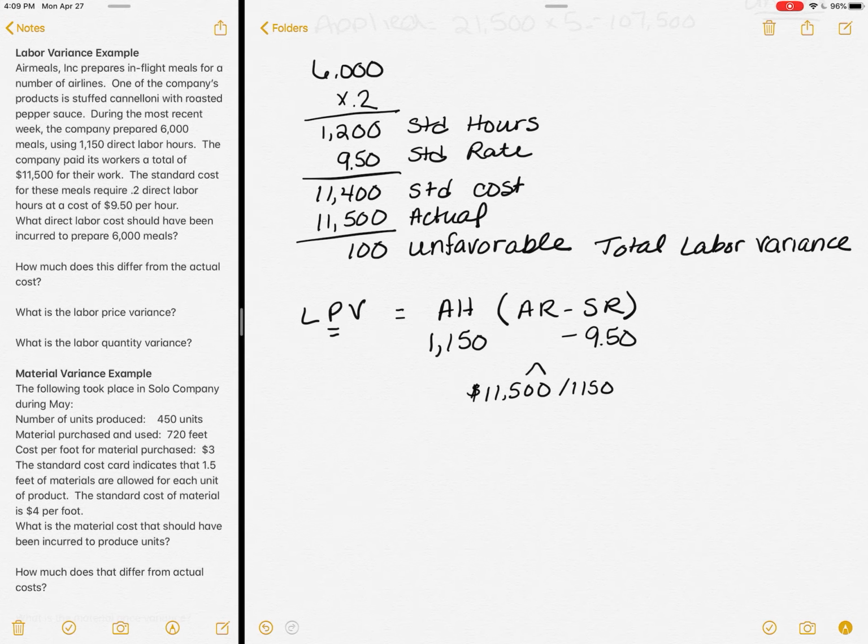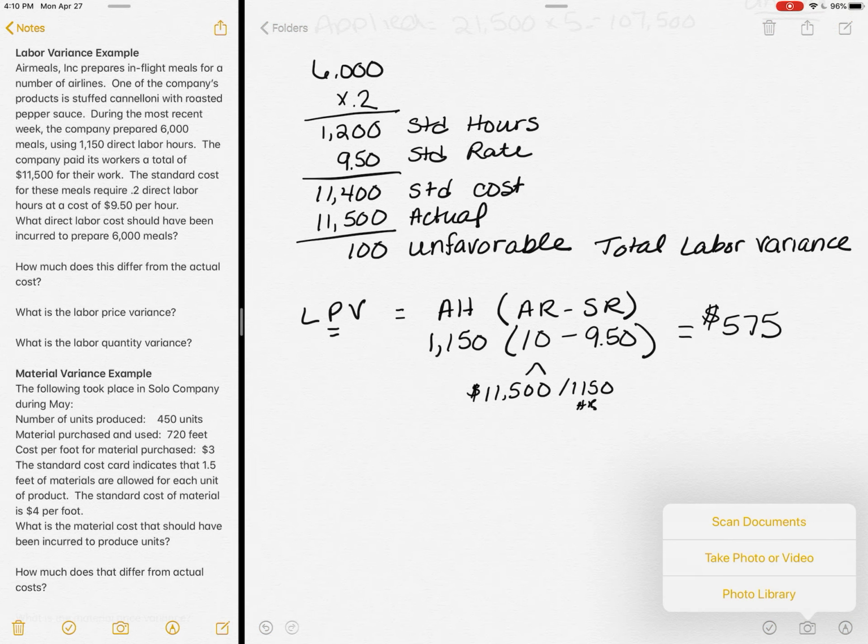So that would mean that my rate that I paid them per hour is $10. This will give me a total difference of $575. Now, I paid them more than I should have. Therefore, it's going to be unfavorable.